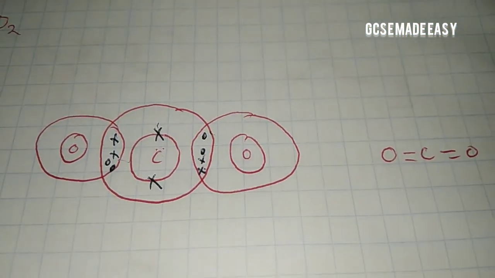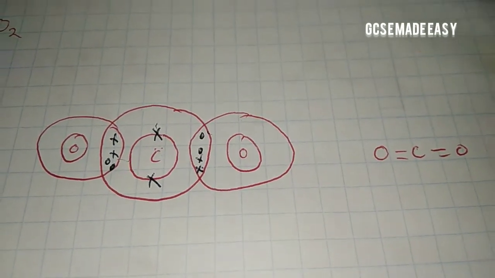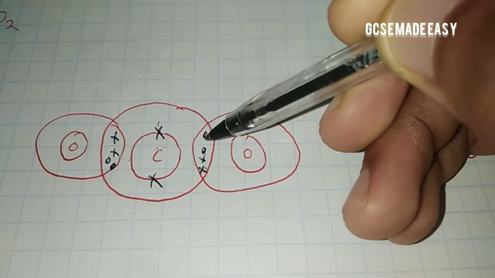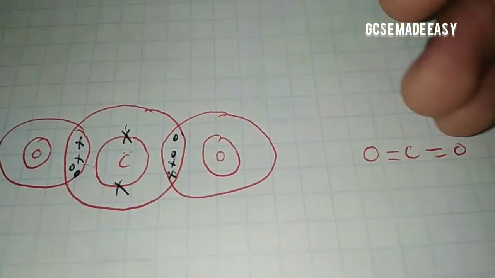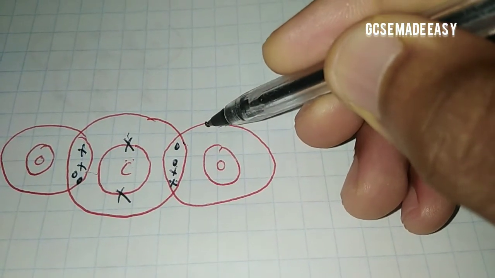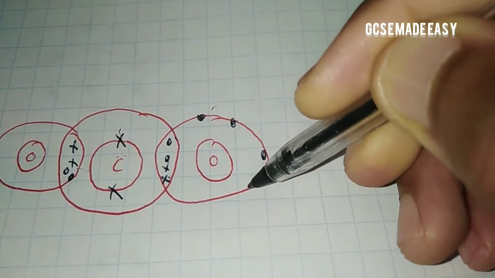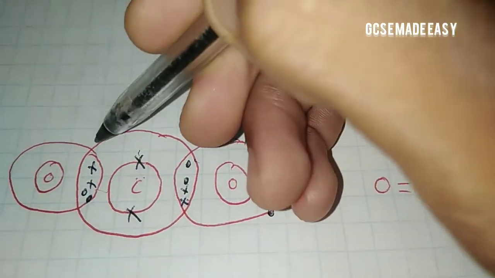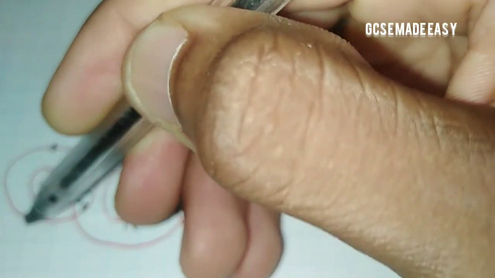Now if we are to count the number of electrons around the valency, for carbon it is going to be 1, 2, 3, 4, 5, 6, 7, 8. That's for carbon. Now for oxygen, we have to include its valency electrons.